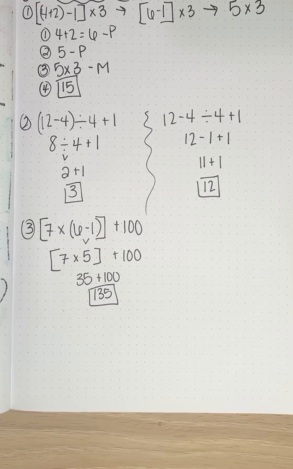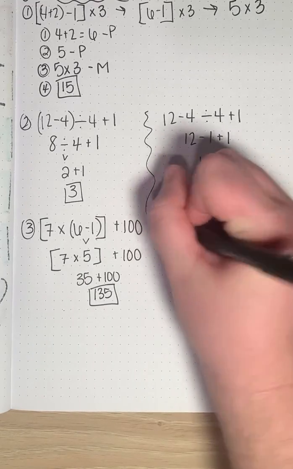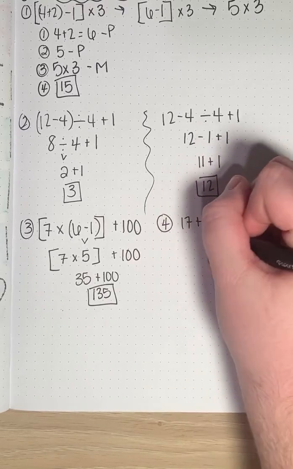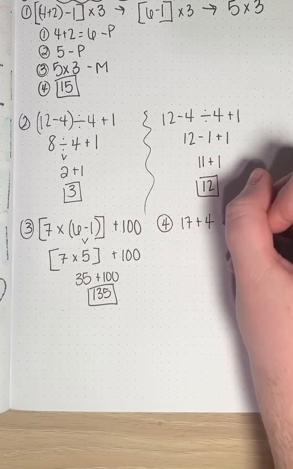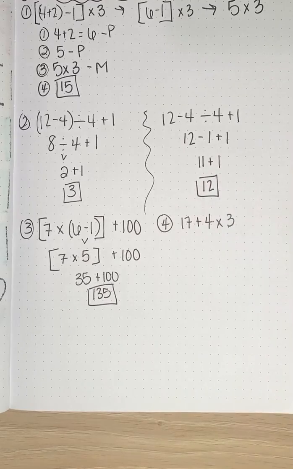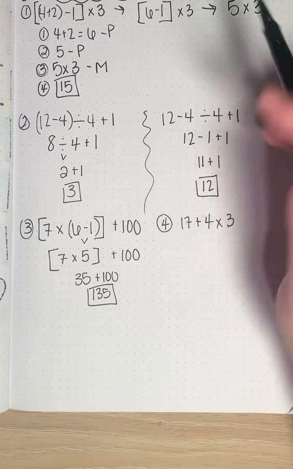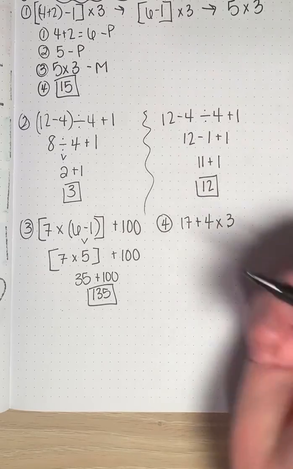All right, 4. I'm going to do that over here. I have 17 plus 4 times 3. All right, so I really only have addition and multiplication in this problem, but my multiplication comes before addition.